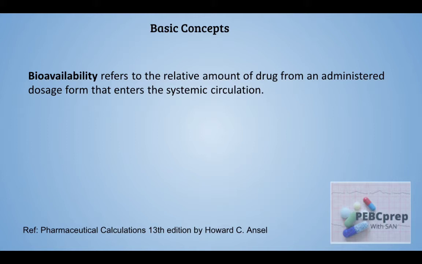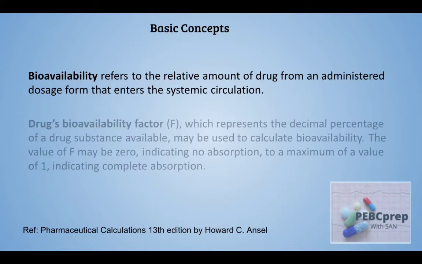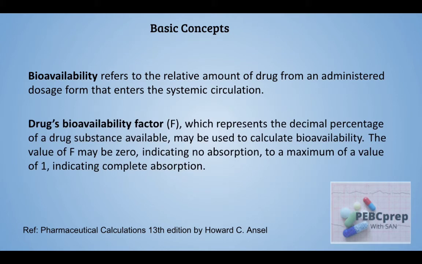So the amount that reaches the blood after its metabolism is called bioavailability. The bioavailability factor is represented by F, the decimal percentage of the drug substance available. The value of F may be 0, indicating no absorption, to a maximum of 1, indicating complete absorption, and this value of 1 applies when we take the drug by IV dose.